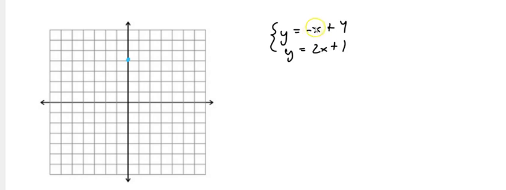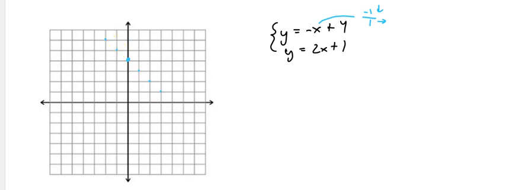Now we're going to go down. Remember, this is the slope. This slope is basically saying negative 1 over 1. That is what that is saying. So this is going to go down 1 and then over that way. So we go down 1 and over, down 1, over, down 1, over, and we can also go the opposite way with it.